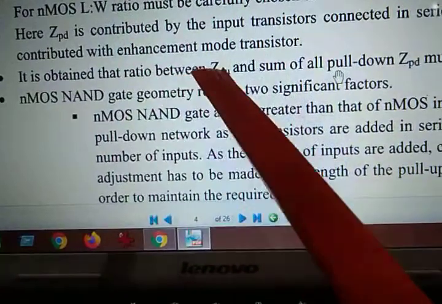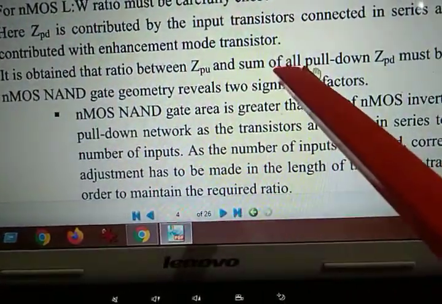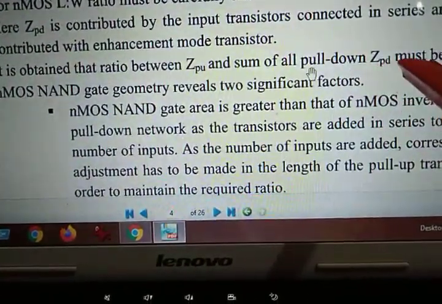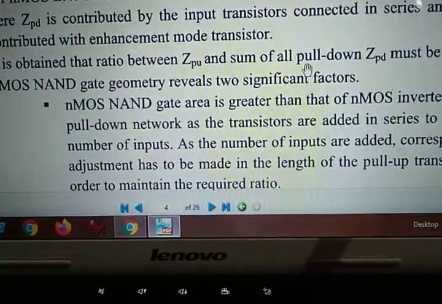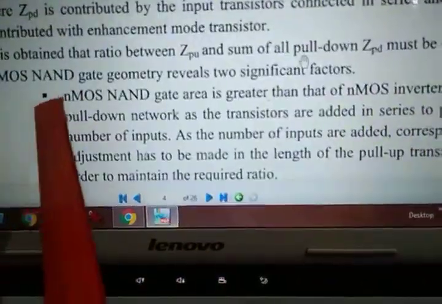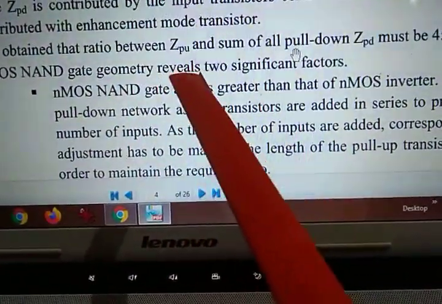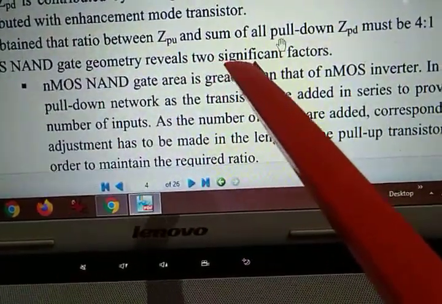The ratio between ZPU and the sum of all the pull down must be 4:1.